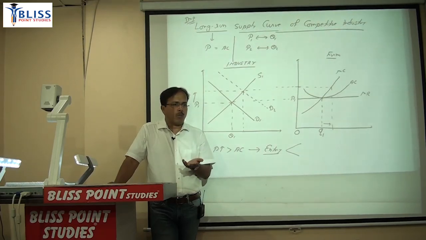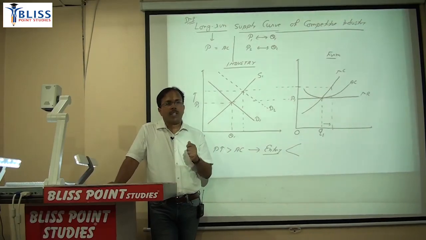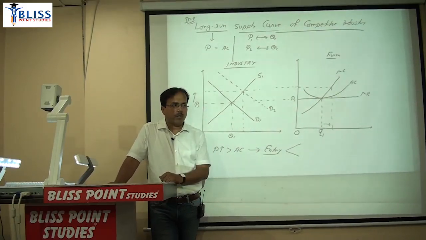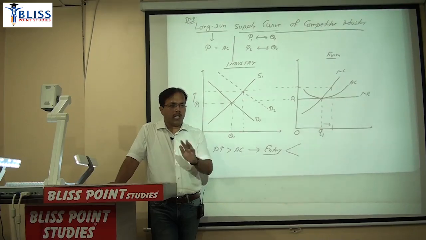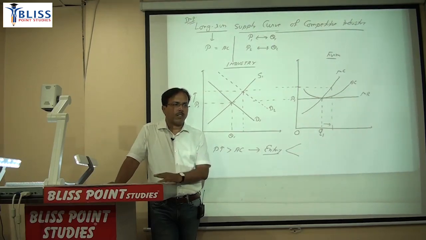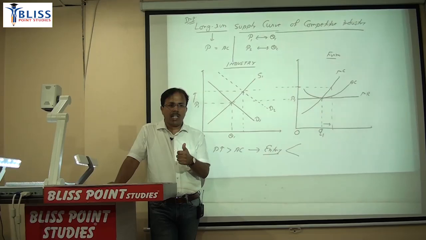But how to produce output? By buying the input. So if there are more firms purchasing the same input, then what is the effect on the price of that input? Normally you would say it will increase, but there are three possibilities. It may increase, it may remain the same, or it may decrease also.